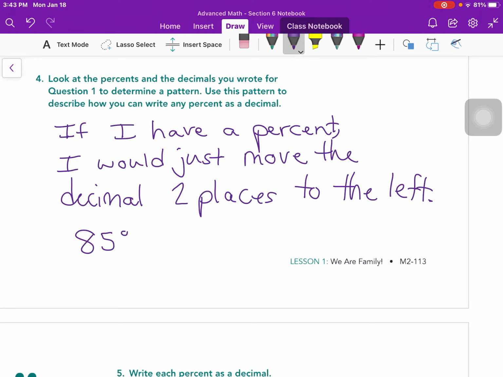So if I have 85% and I'm going to go to a decimal, I'm going to go 1, 2, and it's going to become 85 hundredths.